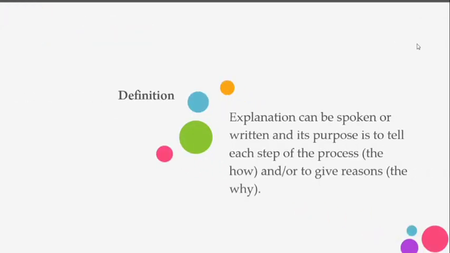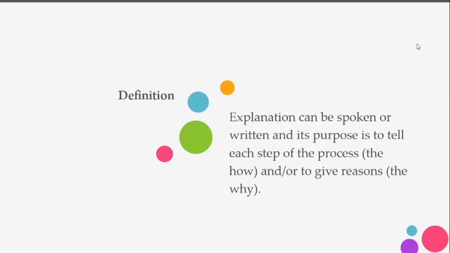The definition of explanation text. Explanation can be spoken or written, and its purpose is to tell each step of the process, the how, and or to give reasons, the why. So explanation text is to say why and how of the forming of phenomena.